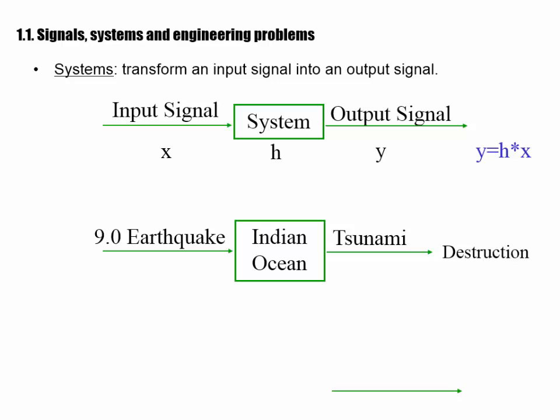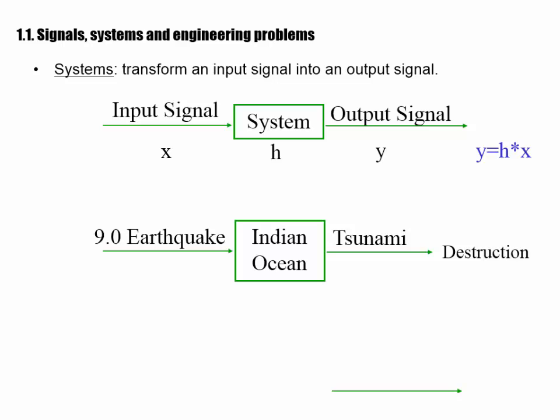So this will be the input. The earthquake is the input signal, the ocean is the system that you may be interested in, and the tsunami is the result and output, right? Depending on the engineering problem, you may be interested in the earthquake, or the output, the tsunami, or it could be the Indian Ocean, right?